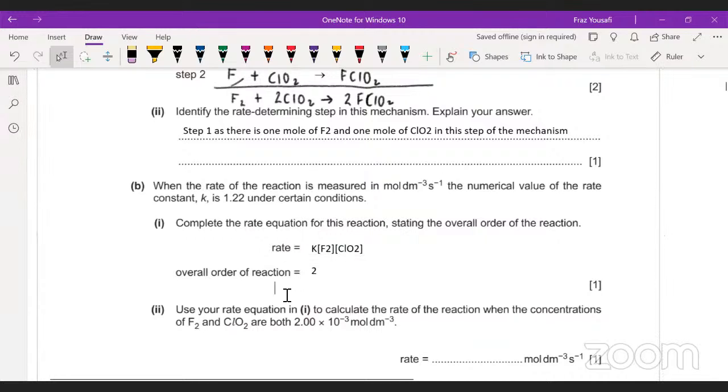When you know what the overall order of the reaction is, you can go ahead and predict the unit for K in this equation as well. So for example, if I want to know what the unit for K is, since the reaction is overall second order, the unit for K would be mole minus 1 dm cubed s minus 1. If you'll hang on 1 second.